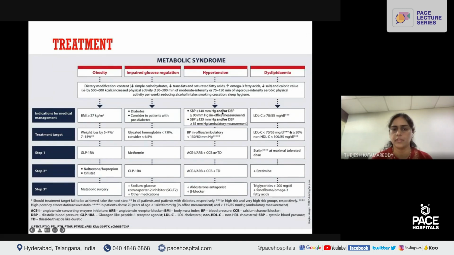In case of hypertension, we can add ACE inhibitors, ARBs, calcium channel blockers, or thiazolidinediones, depending upon the patient condition. We can add each drug. Then to decrease the LDL levels, we can add statins, fenofibrates, or omega-3 fatty acids. So this is in brief. I'm not going into detail about this treatment.